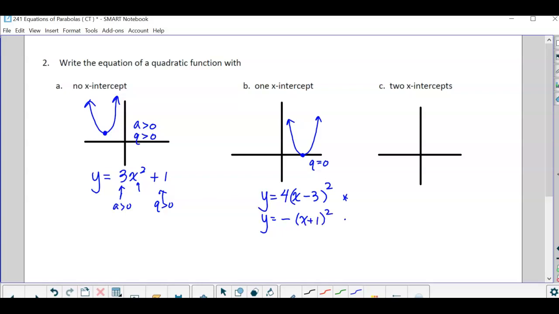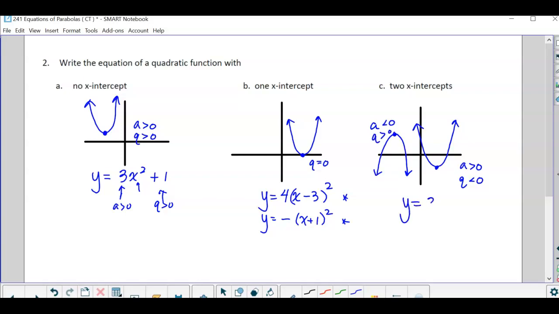Okay. 2 x-intercepts. How about that? Okay, so what do we have here? So our A is greater than 0, but then our Q is less than 0. If we had something like this, then our A is less than 0, but our Q is greater than 0.